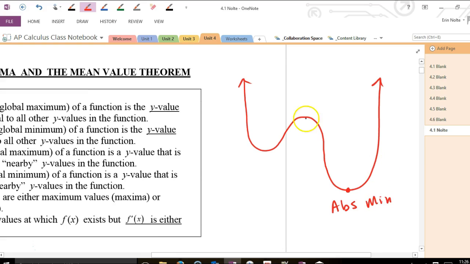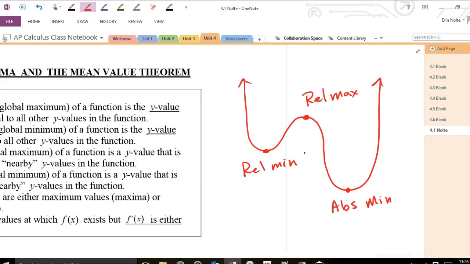Okay, what's this one right here? Relative. There you go. So this is a relative max. This one right here is a relative minimum.